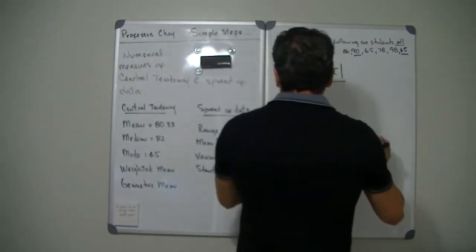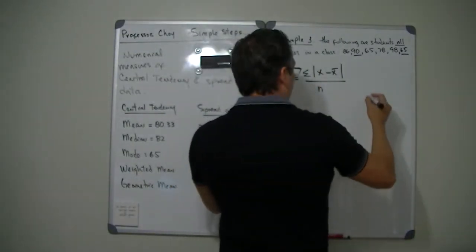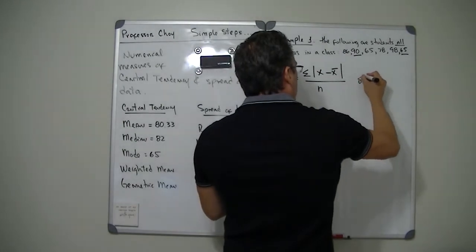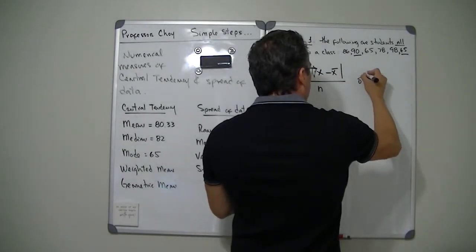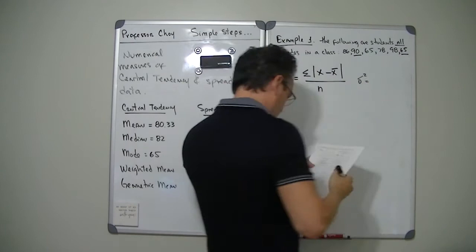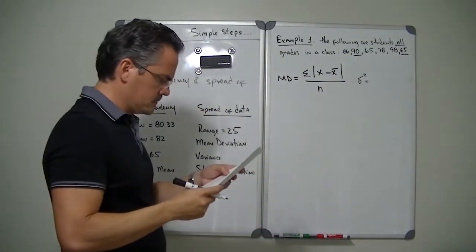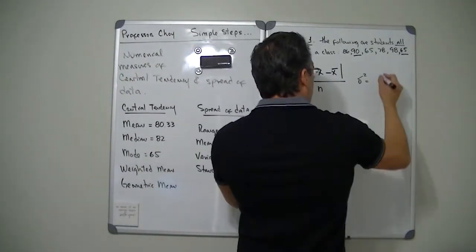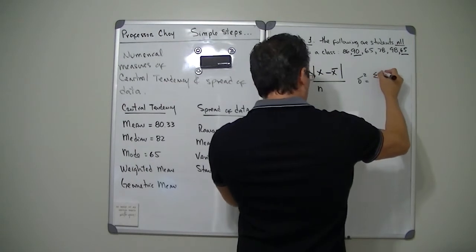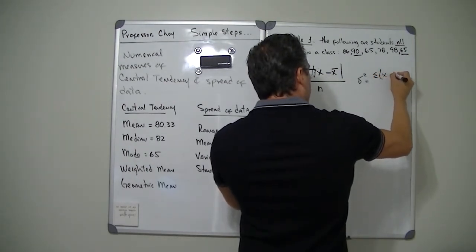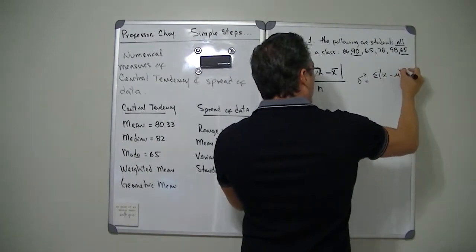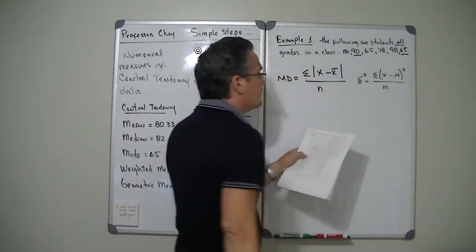So the formula for variance, if you're doing population, is summation x minus mu squared over n.